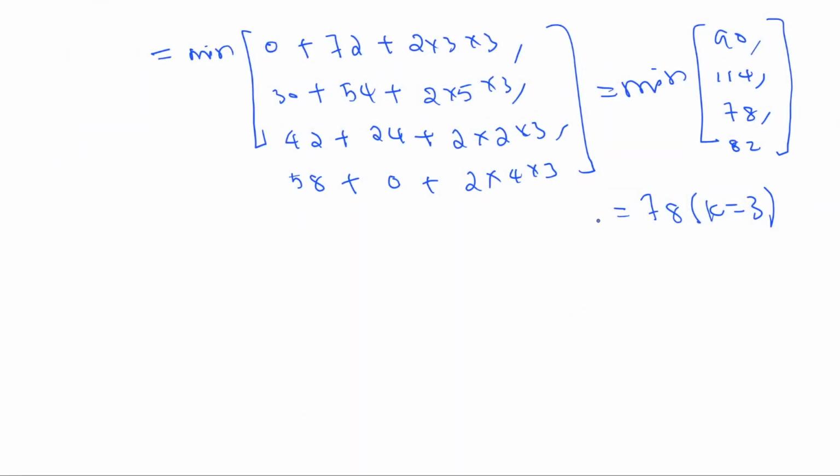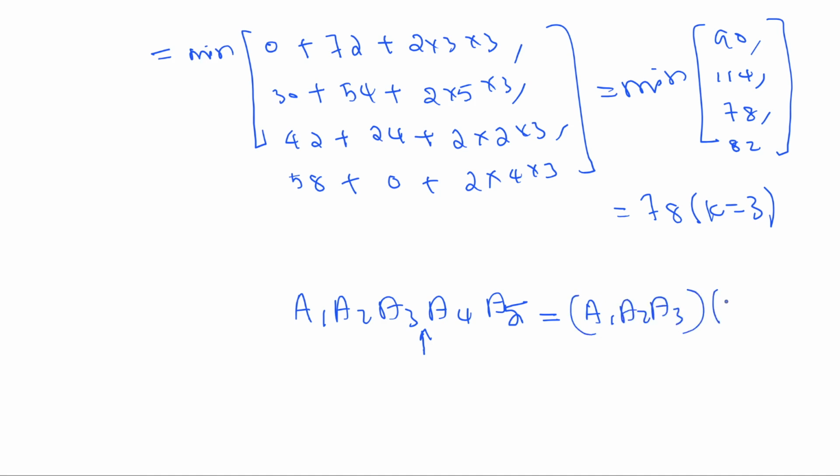Okay, so here the value of k equal to 3 means if you want to find the product of a1, a2, a3, a4, a5, you have to break at 3. Okay, that means that if you want to find the product of a1 through a5, you have to find the value of a1, a2, a3 first, then you have to find the product of a4, a5, then multiply them together.